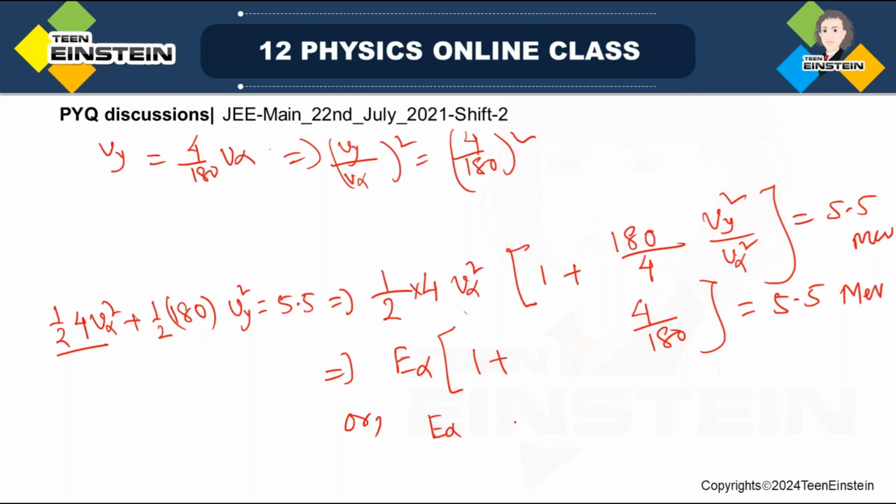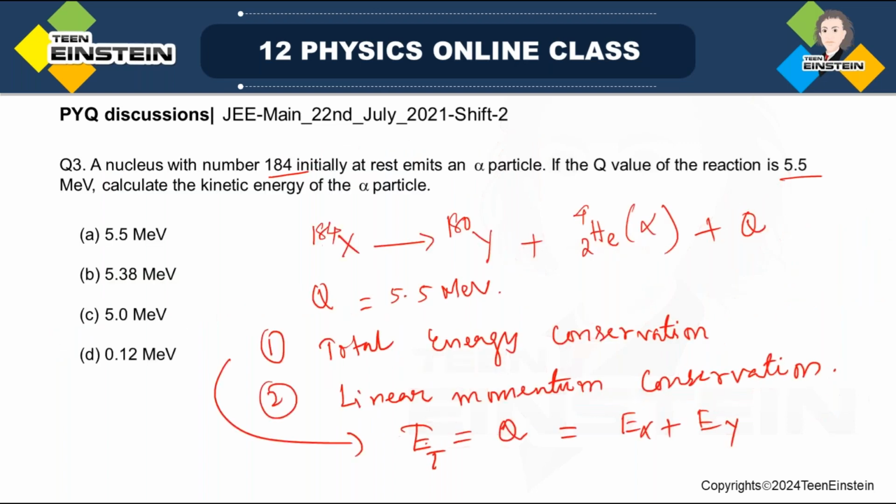So E alpha is equal to 5.5 into 180 divided by 184. And if you do the calculation, you will get nearly 5.38 MeV. So 5.38 MeV will be the kinetic energy of the alpha particle. And here option B will be the answer for this question.